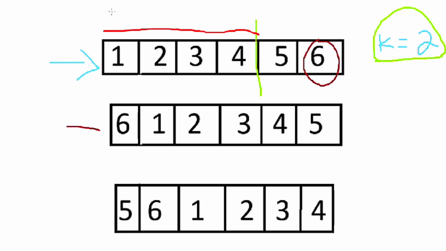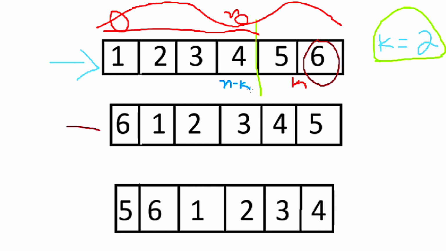That is, this is the 0th index. Okay, this is which index? My whole length is n and this length is k, right? The length of these last two elements is k and my whole length of the array is n. So this index will be n minus k. This is 0 and this is n minus k minus 1.